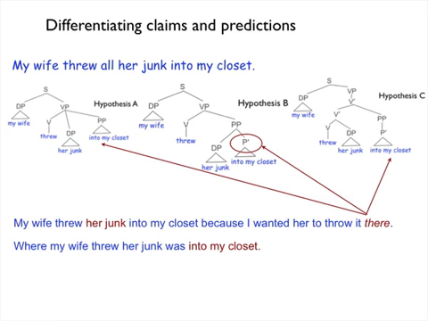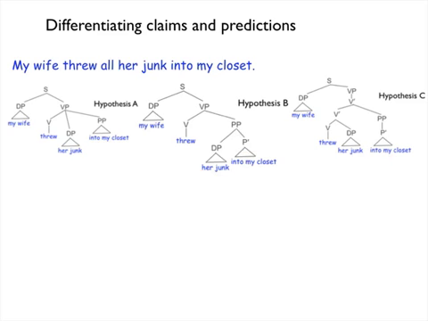But clearly both hypothesis A and hypothesis C are consistent with this evidence. So what we really want to focus on is things like this: "What my wife did into my closet was throw her junk," which is not good, right?